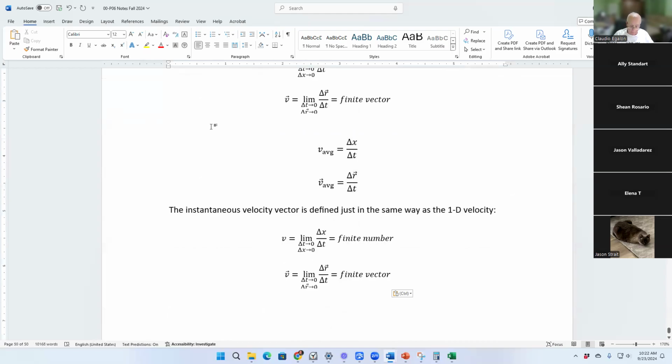Average acceleration like that, and then the instantaneous acceleration.